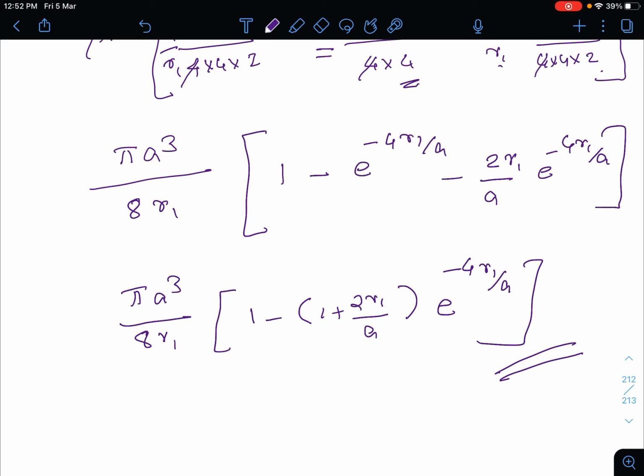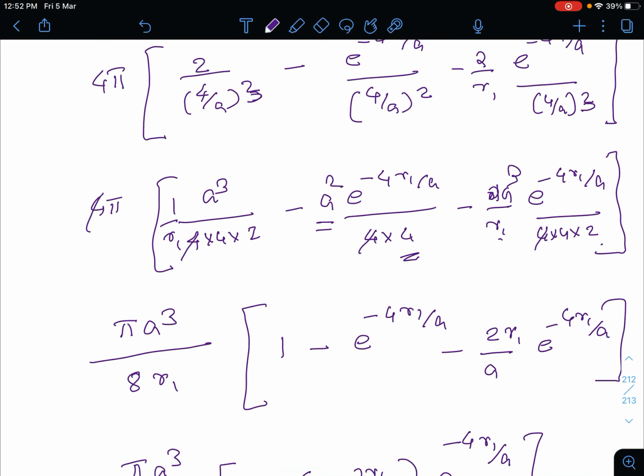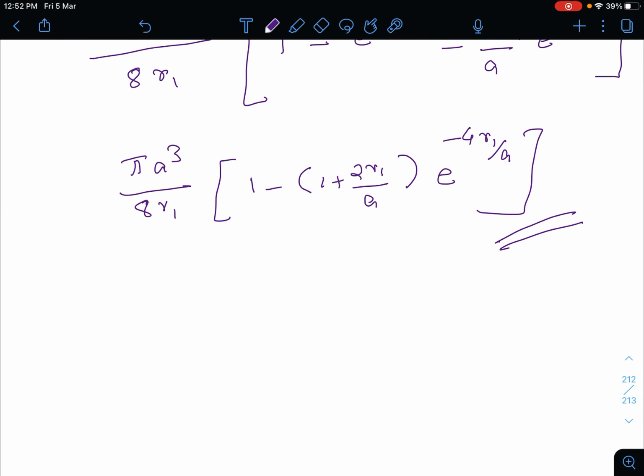Good. So we have solved that integral. Now where did we start from? We kept the R1 as a constant and we calculated the integral.